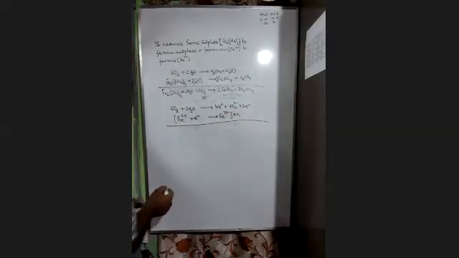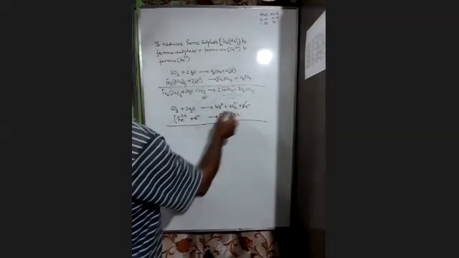Electron always has to be balanced because all chemical reactions are electrically neutral. So this and this will get cancelled.